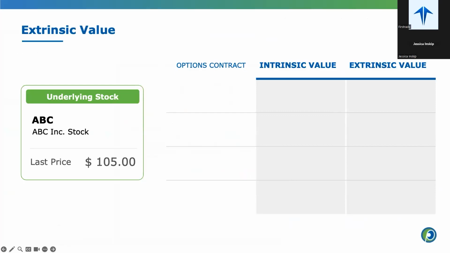So moving on back to ABC stock and easy math with $105 a share. Let's look at ABC 100 strike call that has 0 days left until expiration with a premium of $5 per share. The intrinsic value is $5 per share, because we have the right to buy at $100, can immediately sell at the market at 105, has to be worth 5. 0 extrinsic value within this option.